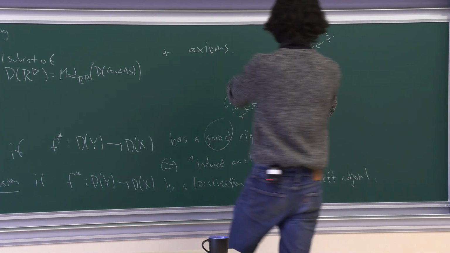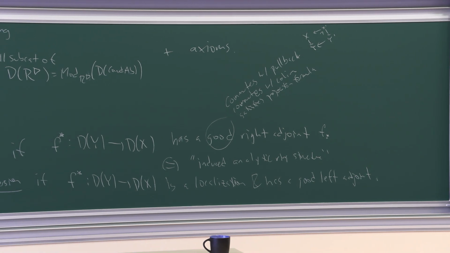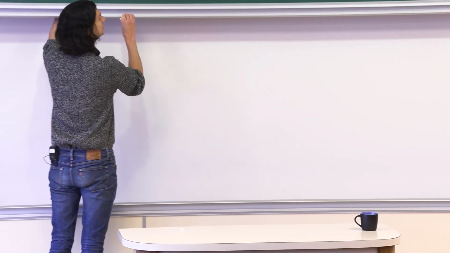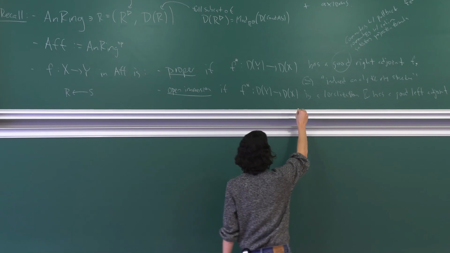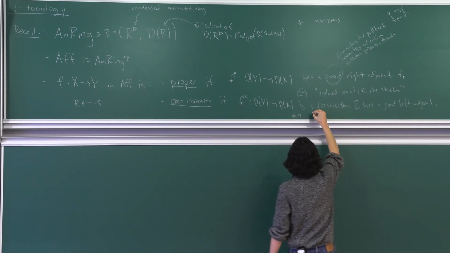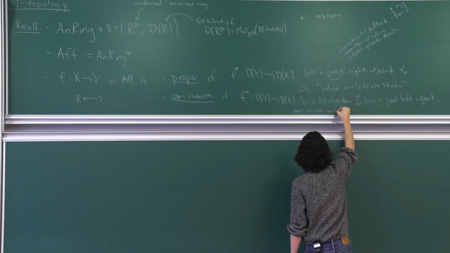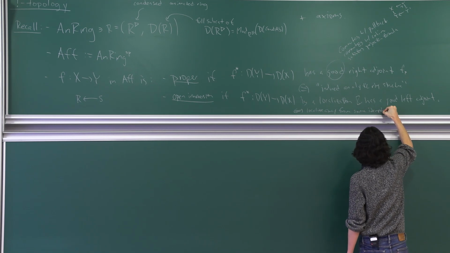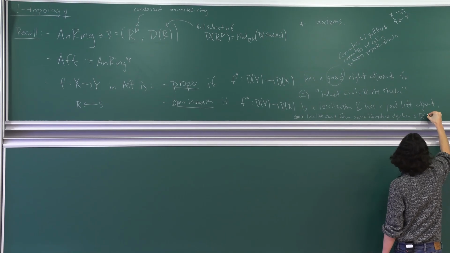The maps maybe go in different directions because it's a left adjoint instead of a right adjoint, but you can still always ask them to be isomorphisms. And this was equivalent to localizing away from some idempotent algebra in D of y.